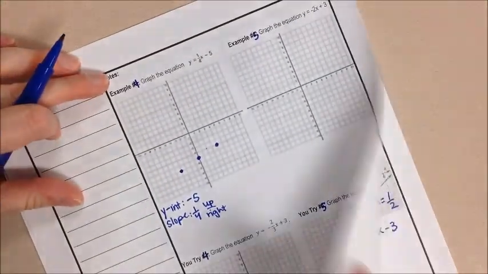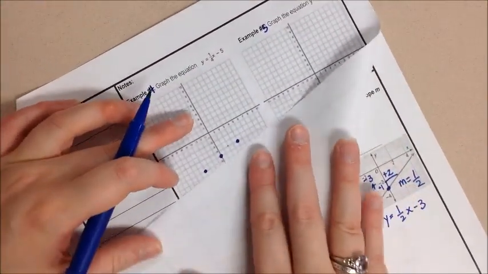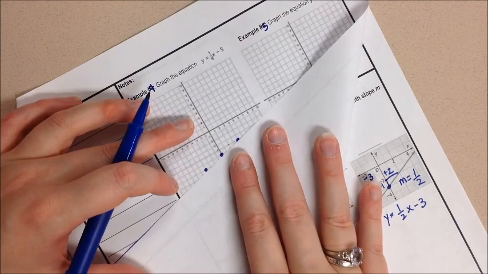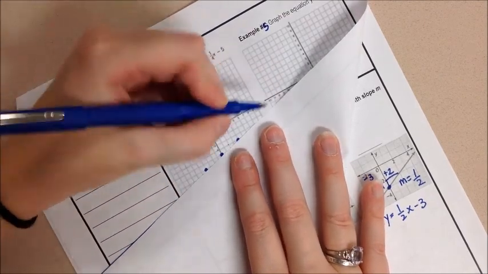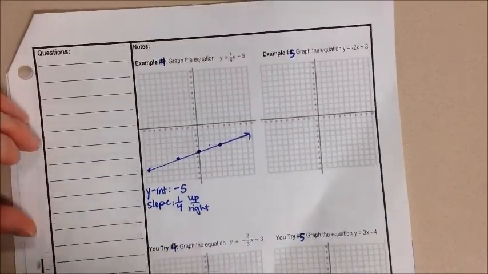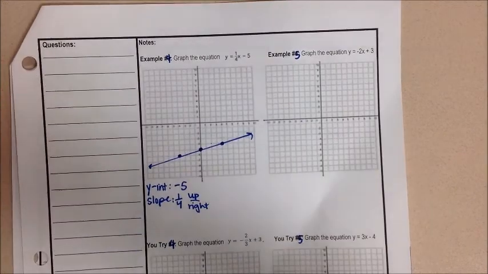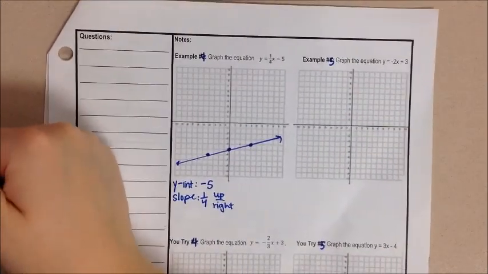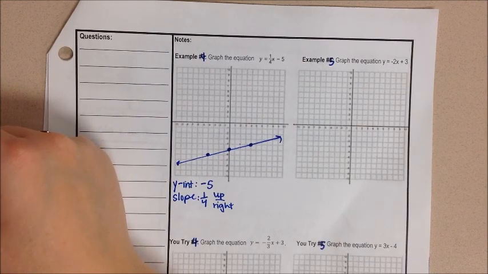So there are the 3 points that I need. Remember, always 3 points. That makes your line easier to draw. So there's that line. We're just taking what we learned when we were writing equations and using it to draw the graphs.